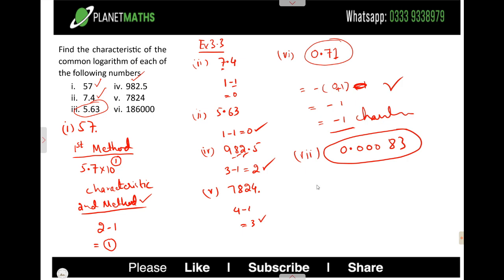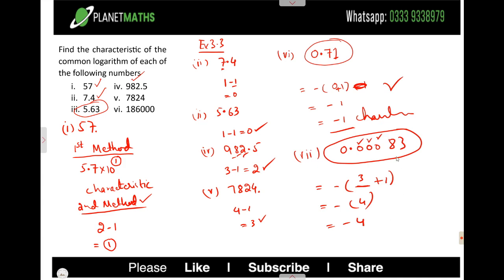The formula is minus the number of zeros to the right side of the decimal point, which are 1, 2 and 3. So put 3 and then according to the formula you have to add 1. Now minus 3 plus... so your characteristic is minus 4.